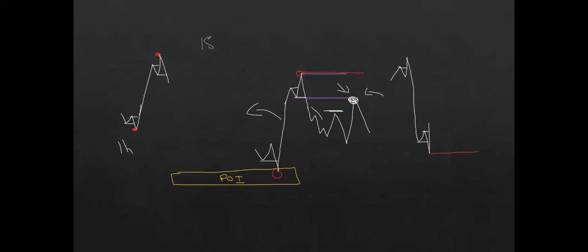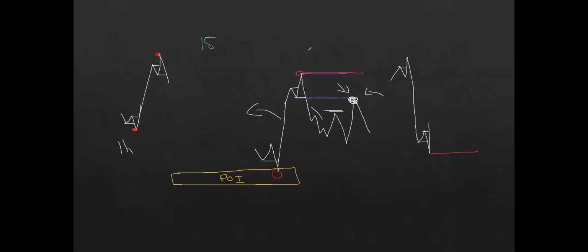So on the 15-minute, we create a new range after it broke this structure. So that's where you get a pullback and continuation. There's a range inside of a range. Okay? That's where this comes into play.